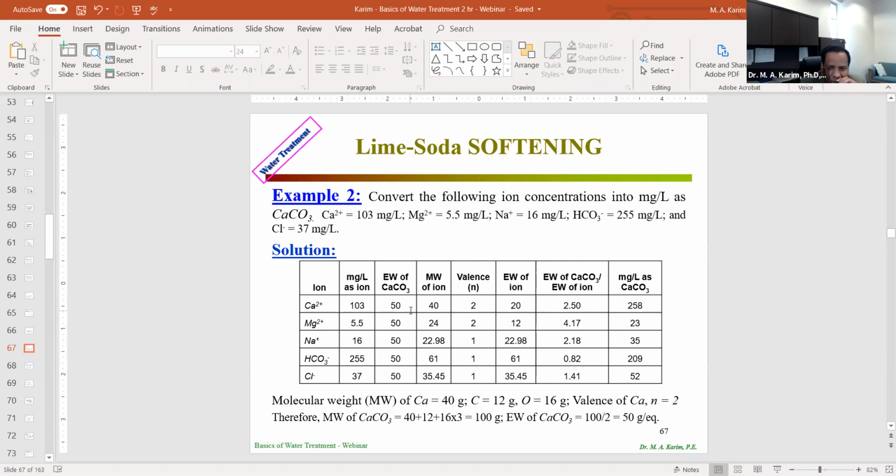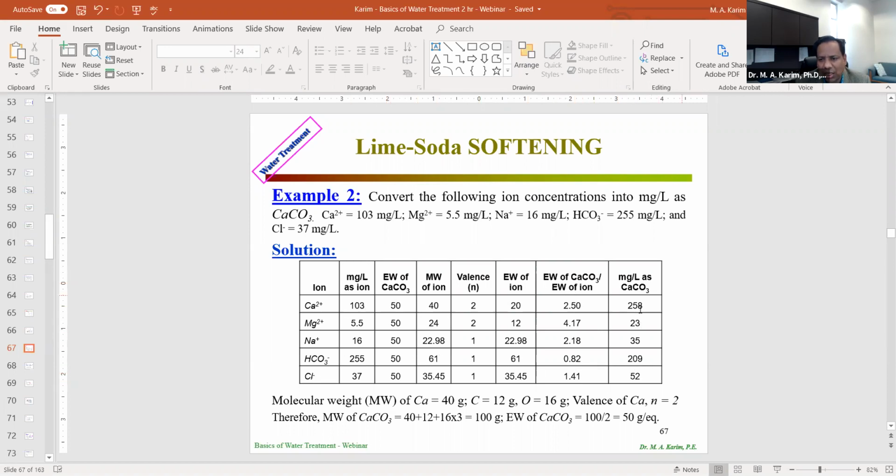Equivalent weight of the ion would be equal to what? In this case, this one would be 40 by 2, 24 by 2, and this by 1, this by 1, this by 1. These are the ones. Now, equivalent weight of calcium carbonate divided by equivalent weight of ion. That means I'm doing this divided by this. I got 2.5 for this. Then ultimately, this column multiplied by this column will give me the milligram per liter as calcium carbonate. So this is the one.